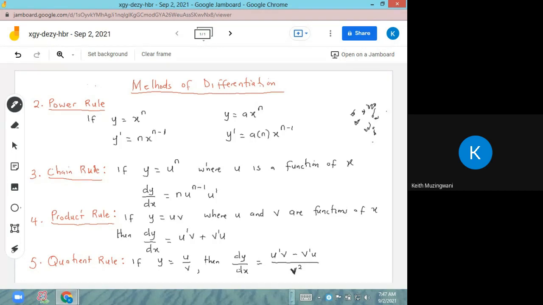We find the derivative of u because we are saying u is a function of x. It's not like x. It is a function of x, like 2x squared plus 4, that is u to the power 7. That is n. So you'll see when we do examples what we mean by u being a function of x, and then differentiating by treating the power first, and then getting to the actual function, which is u.